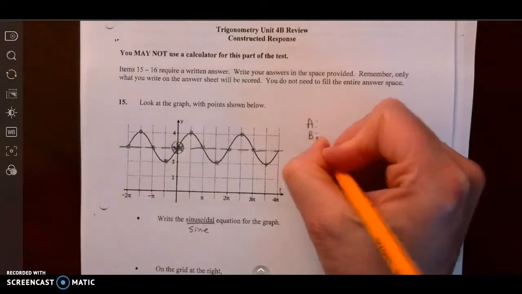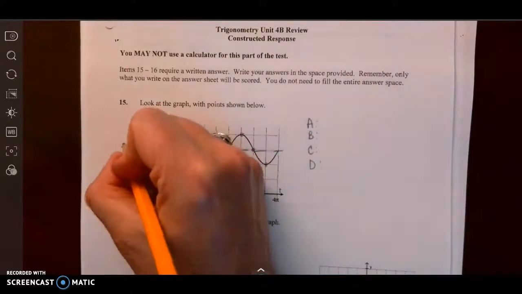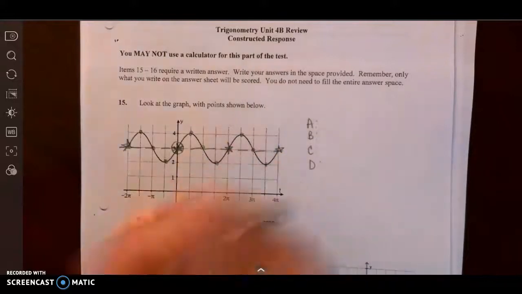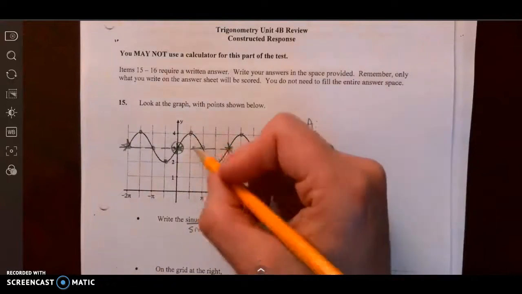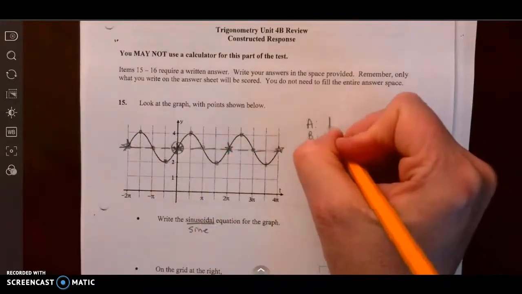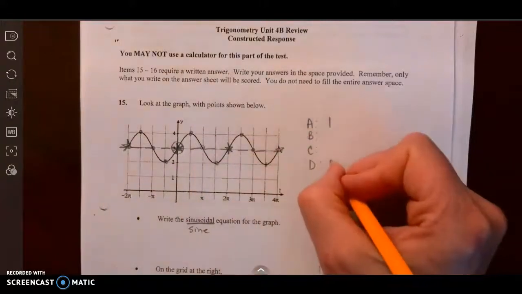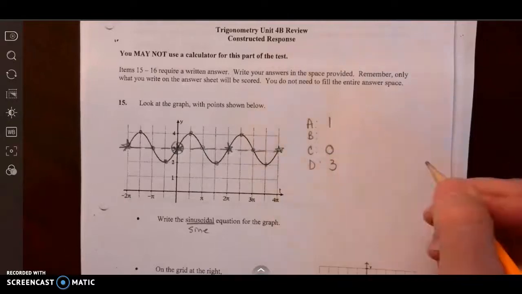Let's start doing our A, B, C, and D values. I could show all of my sines, but this is obviously the one that I'm going to use. Amplitude is 1 up and 1 down, so it's 1. The D value, the axis is moved up to 3. It has no phase shift.